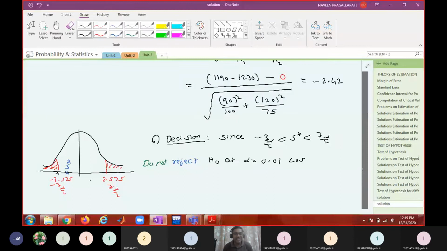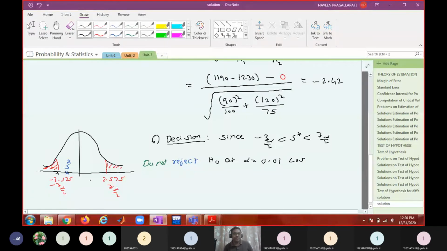Between these two, which decision could you think is more reliable? Level of significance 1% means what? What will be your confidence level? 99%. The previous decision you took with only 95% confidence level, right?